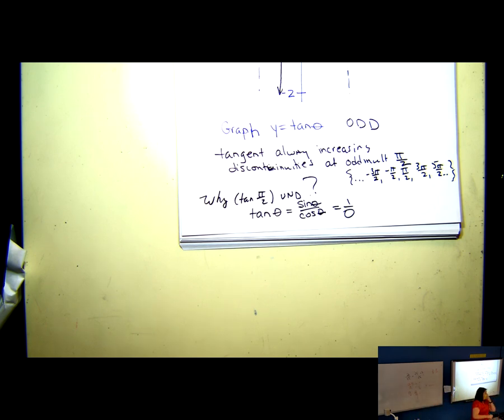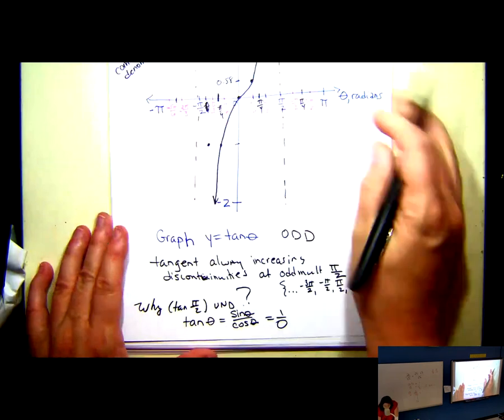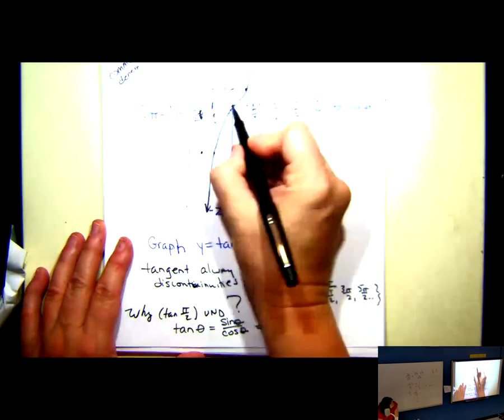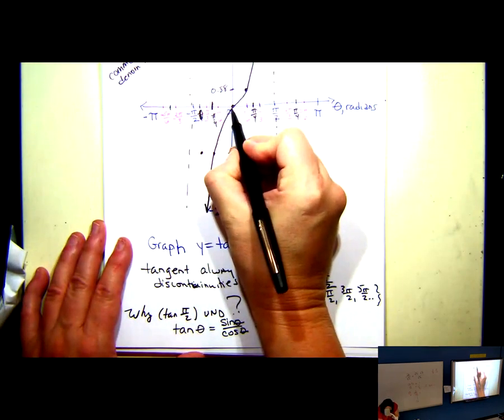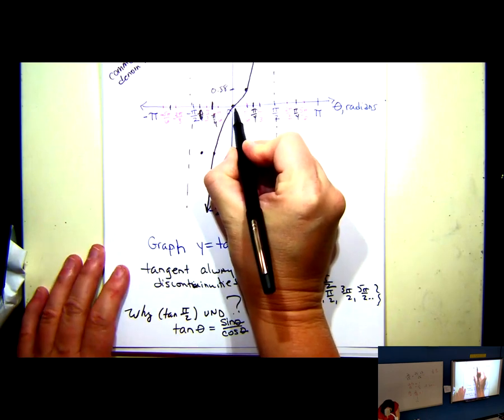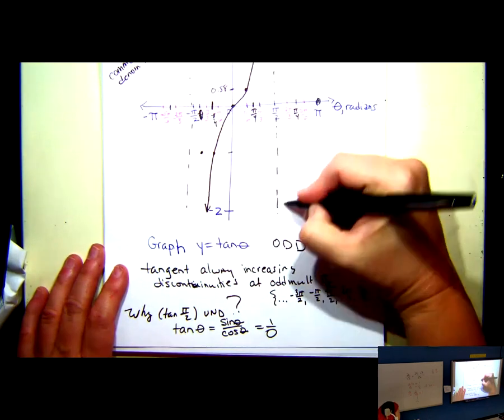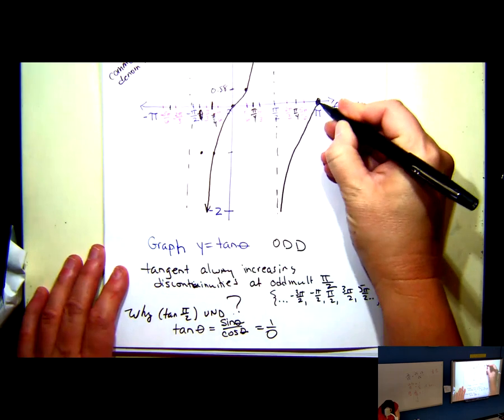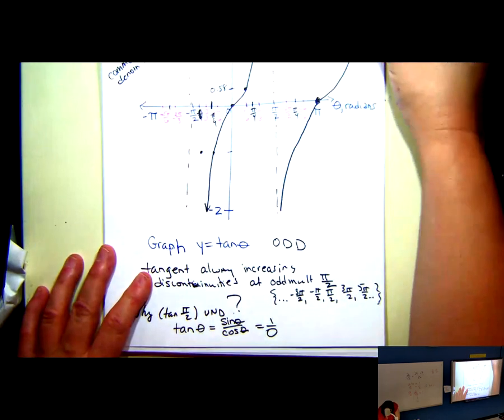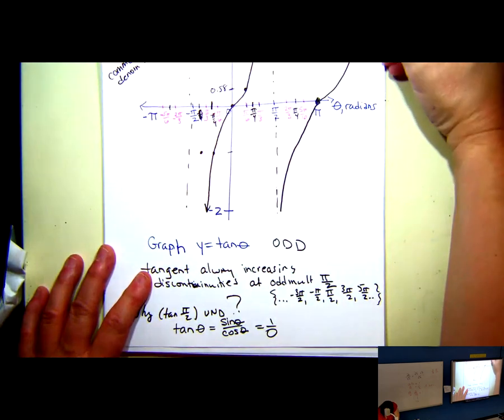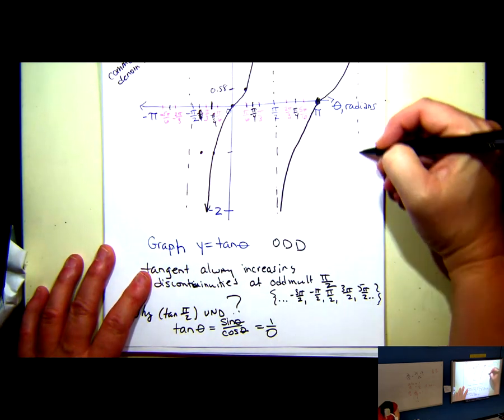Oh, okay. So attributes, and then what's the behavior here? When we jump over pi over 2, our next intercept is going to be pi units from 0, and then I'm going to increase up to that intercept and increase again until I get to 3 pi over 2.